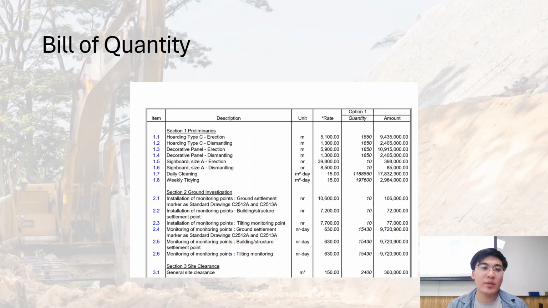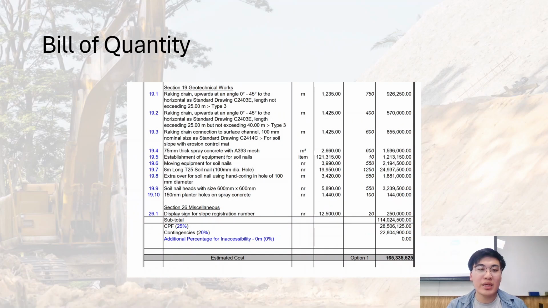From section 2 of the bill of quantities, we included the monitoring points of the construction, such as ground settlement markers and building and structure settlement points. From section 3, we have the site clearance, including the labor and the plans for site clearing, and also the removal of unnecessary items and construction waste.